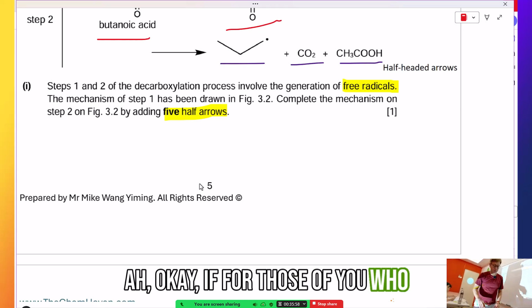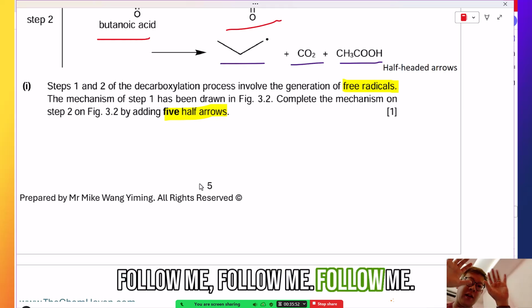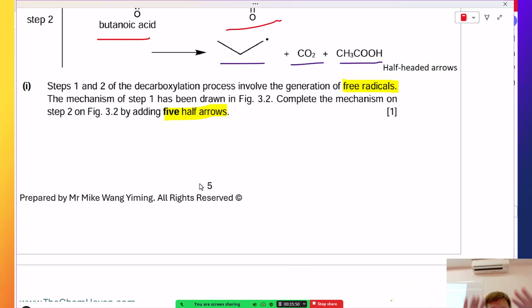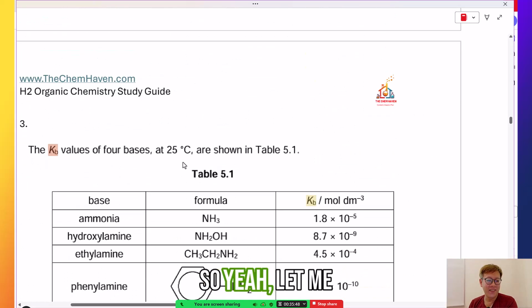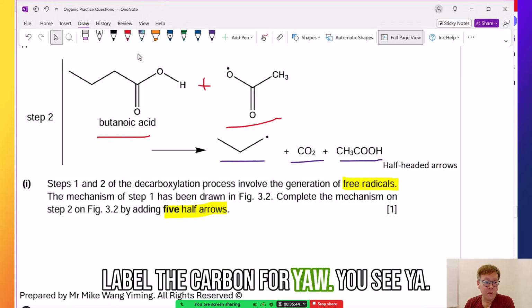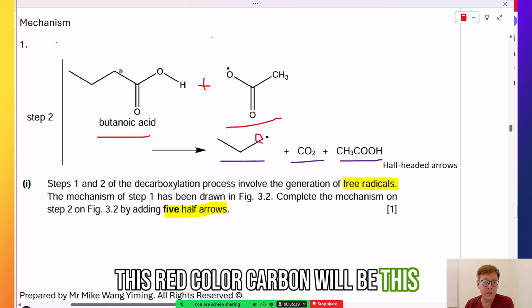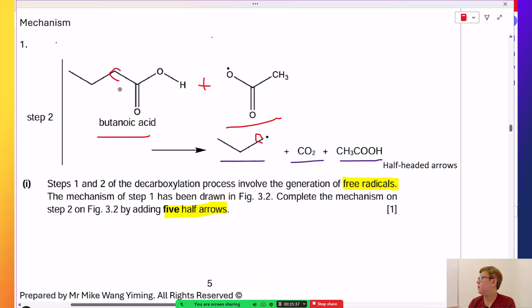For those of y'all who cannot see what I'm talking about, I show y'all here. My camera go crazy again. Follow me. Look here. Let me label the carbon for y'all. If I say this is red color carbon, this red color carbon will be this one.